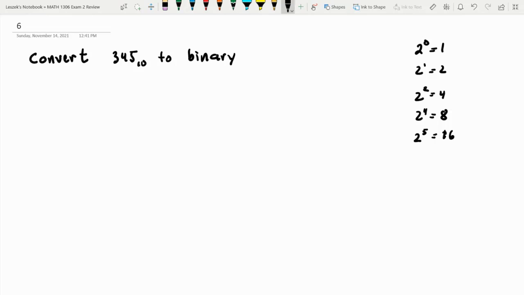Oops, I forgot 3. My bad. Well, we can probably stop listing these as soon as we see something bigger than our number in decimal.